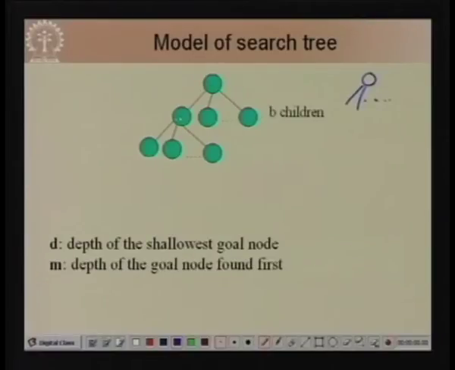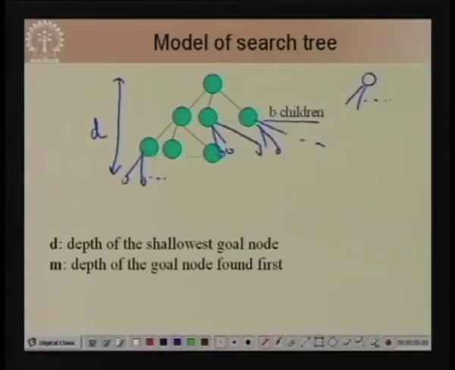So, let us assume that every node has at most B children, or let us say exactly B children. So, every node has exactly B children, and let us assume that D is the depth of the shallowest goal node. So, there can be many goal nodes. Let us say that the shallowest goal node is at depth D, and let M be the depth of this entire search tree.